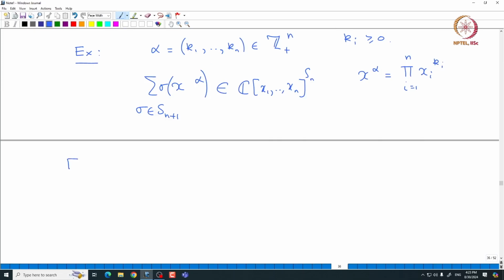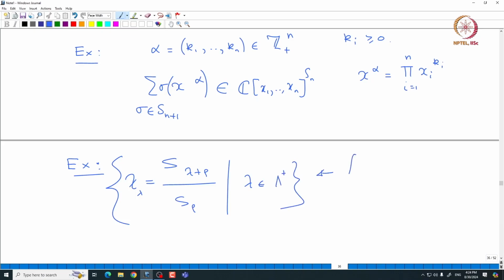So, here is another basis. The other basis is indeed given by S lambda plus rho divided by S rho, which is chi lambda, which are the Schur polynomials. So, if you take this chi lambda, where lambda comes from lambda plus, this also forms a basis for the set of symmetric polynomials, C[x1 etc. xn] power Sn.